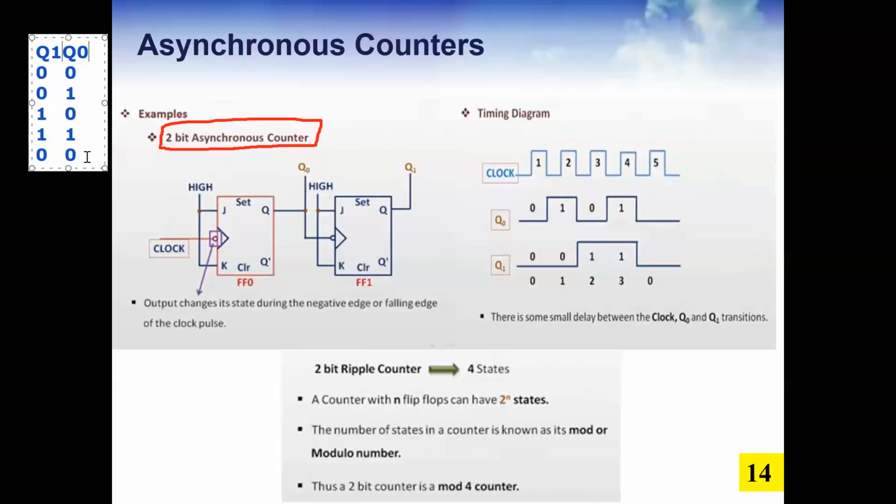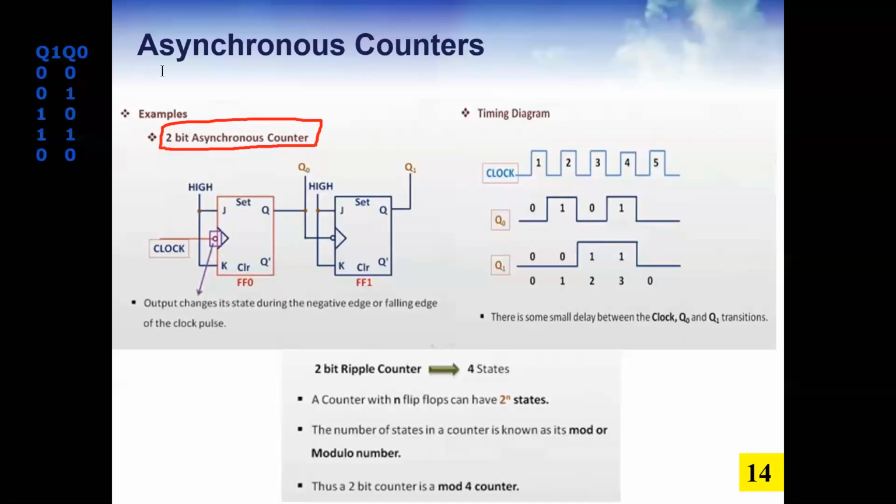Here in Q1, can you observe the pattern? Not for Q naught only. Can you see something in this column? Notice something: the first value is 0. What is the next value? 1.